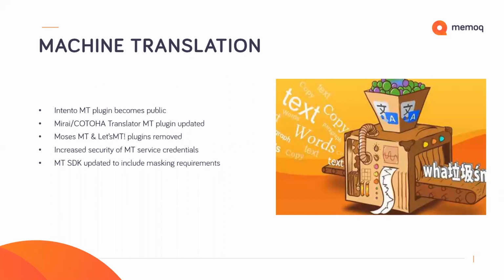All right, so I'll be talking about two things today. One is machine translation in general, and more specifically, the Intento MT plugin that we are introducing in 9.1. And the second big thing that I want to talk to you about is the Antidote integration.